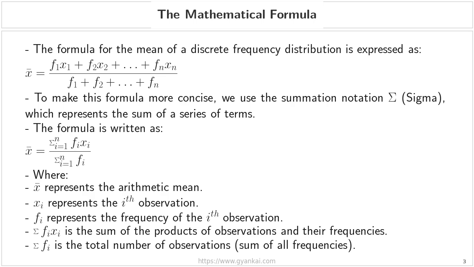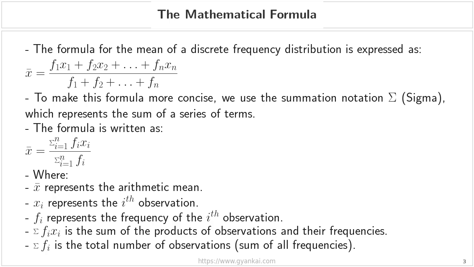Let's break down exactly what each part of this notation represents so you can use it confidently. First, x bar represents the arithmetic mean that we are trying to find. Next, x sub i represents the ith observation, which is just a fancy way of saying the value we are looking at. Then, f sub i represents the frequency of that ith observation, or how many times that specific value occurs.